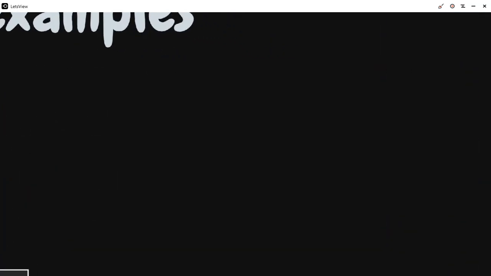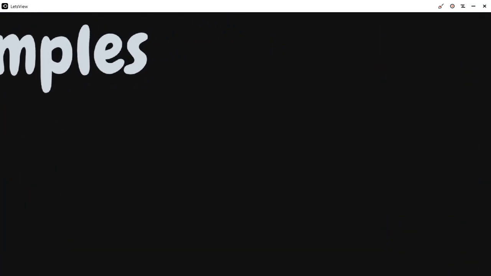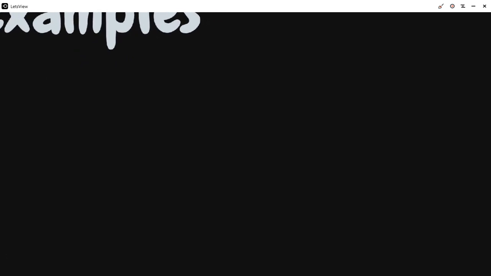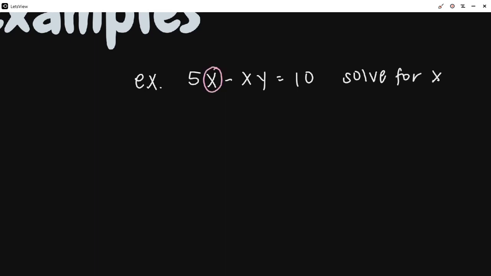Okay, let's do another example. Let's start doing some where you have to factor. So if we have 5x minus xy equals 10, and we want to solve for x. There's an x here and an x here. And they're both already on the left-hand side with nothing else with it. Like there's no other terms that don't have an x on the left-hand side. So now we want to factor out the x.